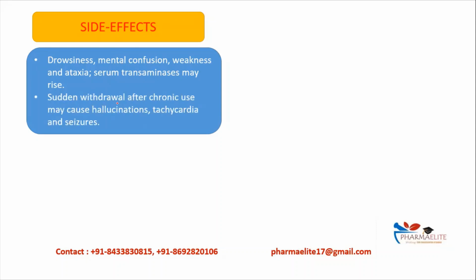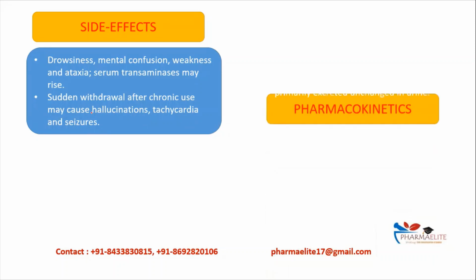If sudden withdrawal is done, that is, the therapy is stopped abruptly after chronic use, it may cause hallucination. This might be visual or auditory hallucinations. It can also lead to tachycardia, that is increased heart rate, and seizures. Seizure means abnormal neuronal firings in the brain.